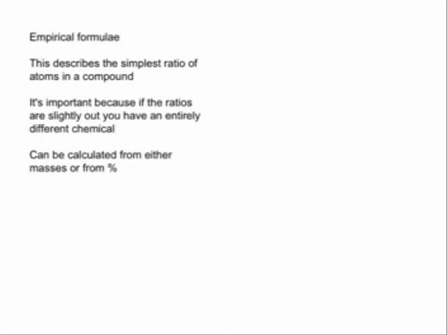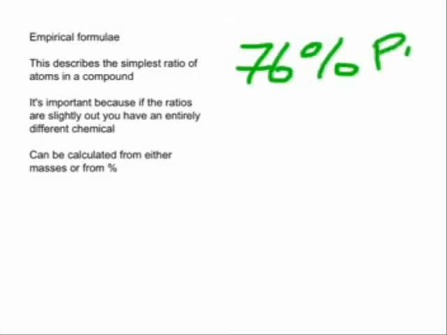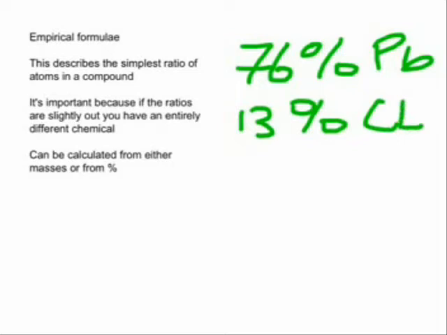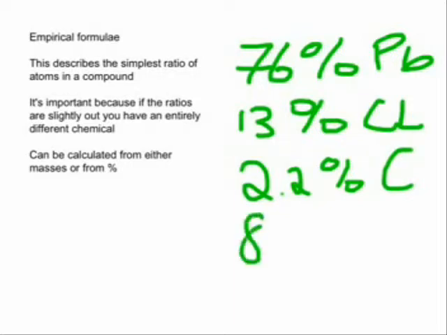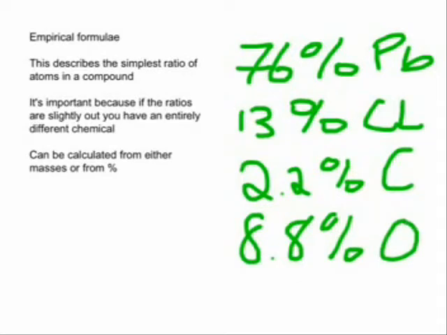For example, you might have 76% lead, 13% chlorine, 2.2% of carbon, and 8.8% of oxygen. But you've got to turn that into an empirical formula, the simplest ratio of the atoms in that compound. So that's what we're going to look at now.